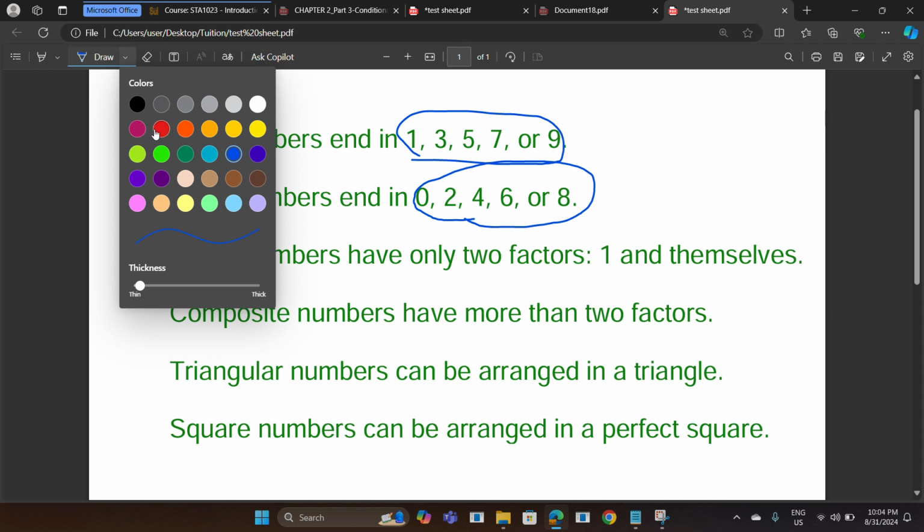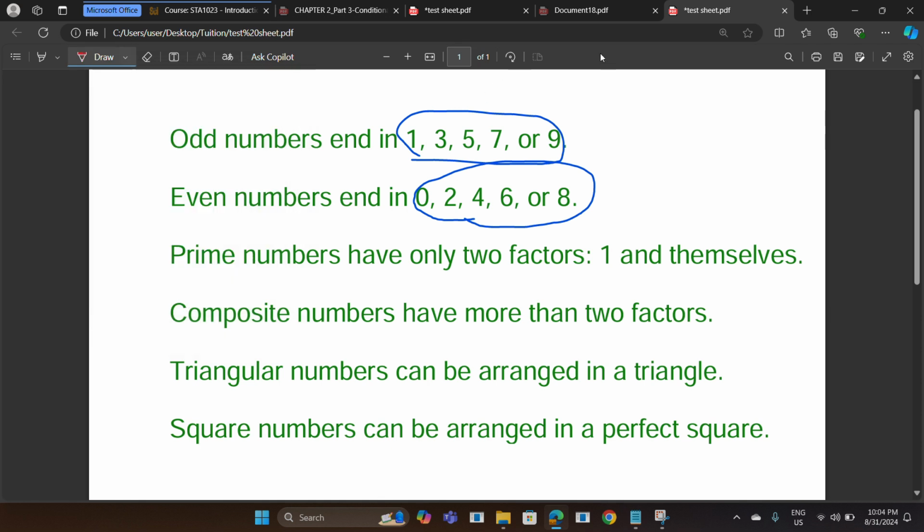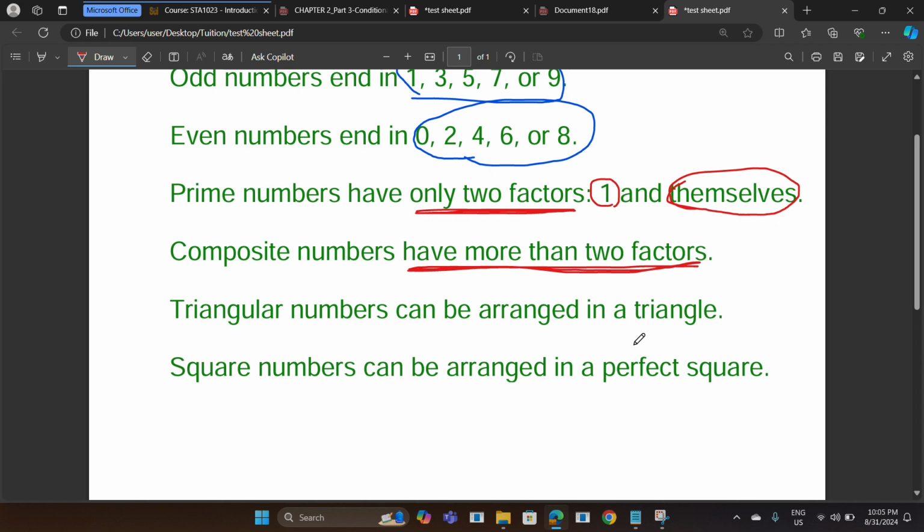What are prime numbers? Prime numbers are the numbers that have only 2 factors. The 2 factors are 1 and themselves. Composite numbers have more than 2 factors, like 6, 4, 24, 12. There are lots of examples for composite numbers.